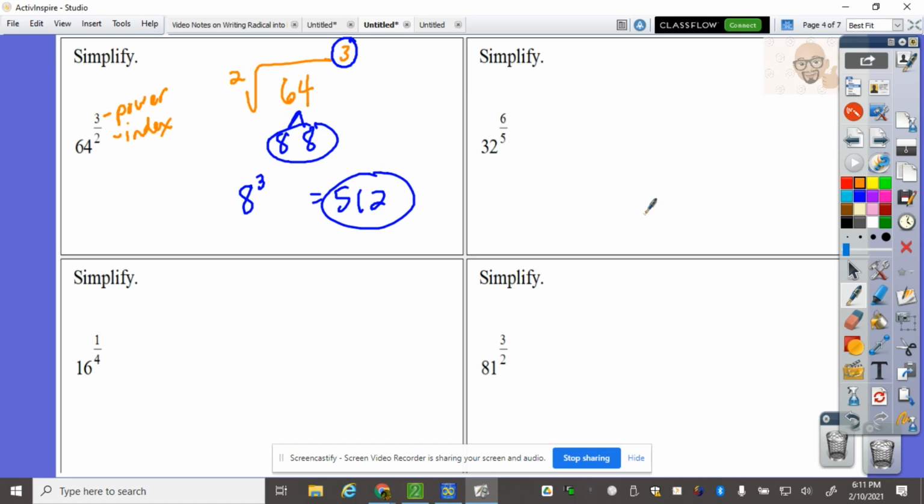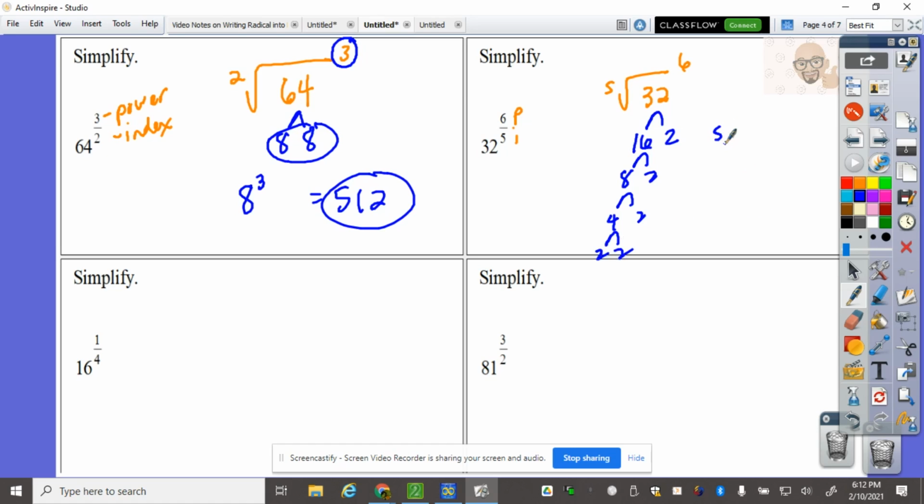Okay. Next, 32 raised to 6 over 5. Again, this is your power and that's your index. So that is the same thing as the fifth root of 32 to the 6th power. Break down the 32. I have 16 and 2. 16 is 8 and 2. 8 is 4 and 2. And 4 is 2 and 2.